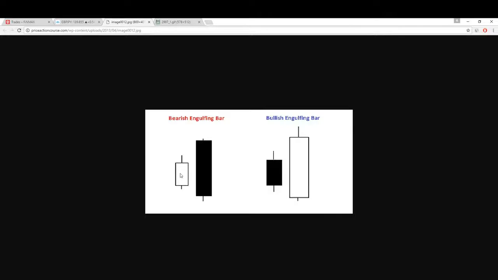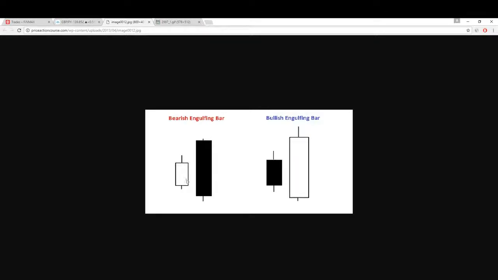So the first one is, let's say, a bullish candle, the next one is bearish, but the previous candle opens and closes within the range of the body of the next one.